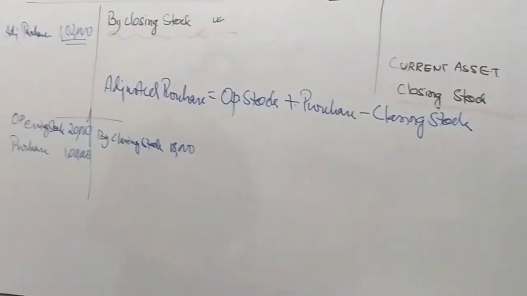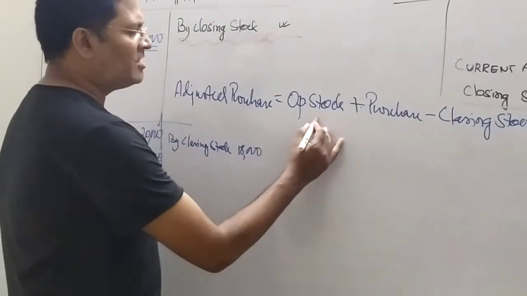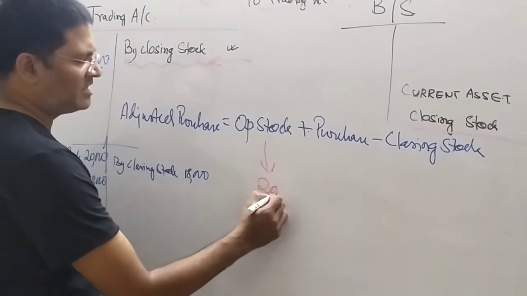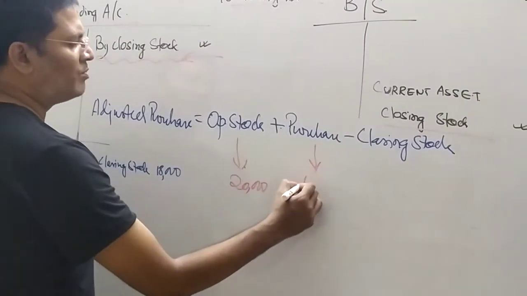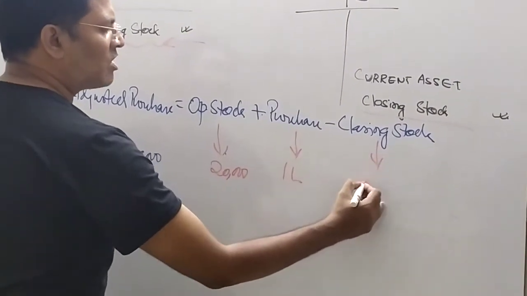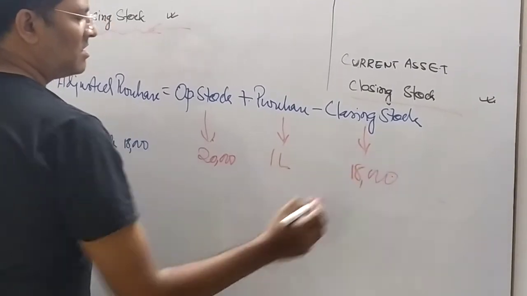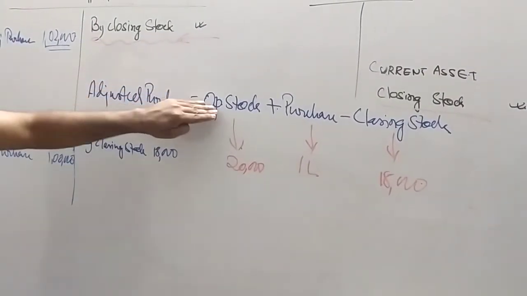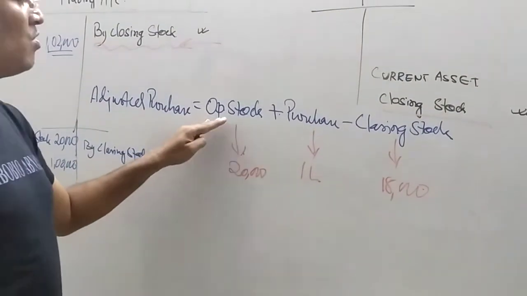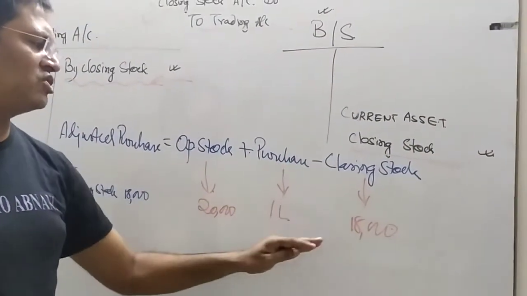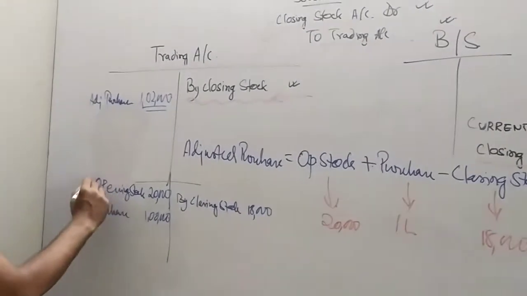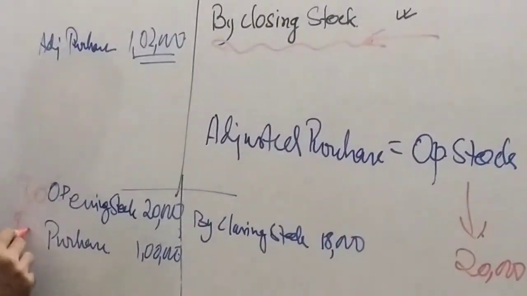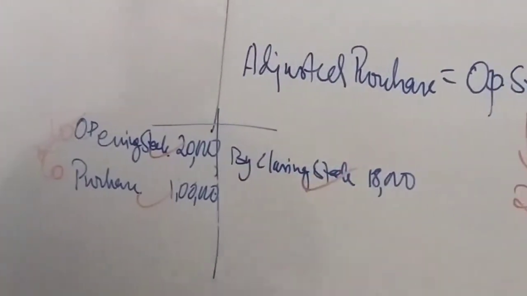Suppose, for example, I have taken my opening stock value to be 20,000, my purchase value to be 1 lakh, and closing stock value to be 18,000. If instead of adjusted purchase, the sum gives opening stock, purchase and closing stock values, I will record them like this: to opening stock, to purchase, and by closing stock.